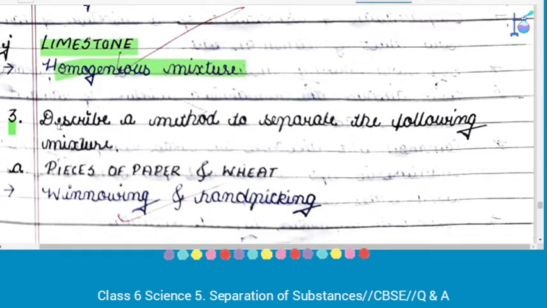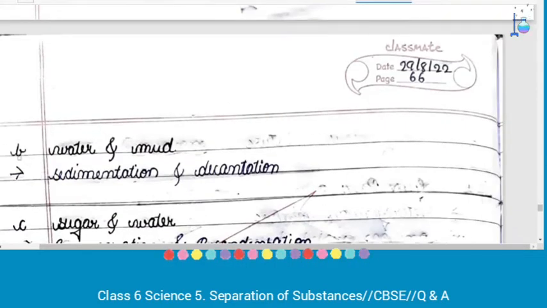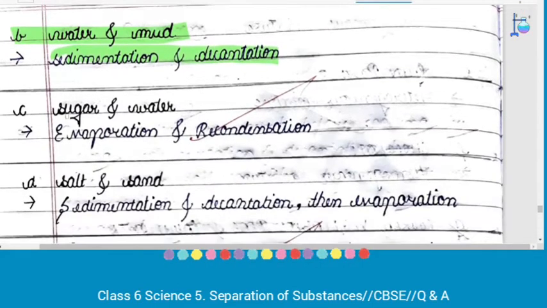Third, describe a method to separate the following mixture. Pieces of paper and wheat. Winnowing and hand picking method. Water and mud. Sedimentation and decantation. Sugar and water. Evaporation and recondensation.